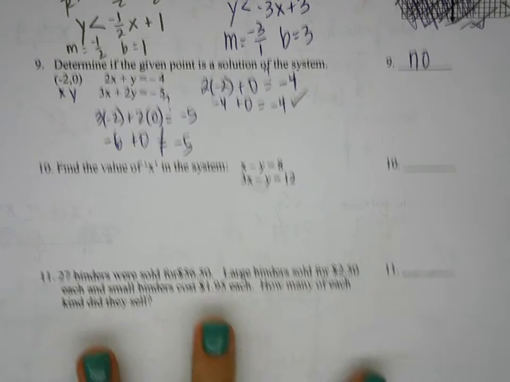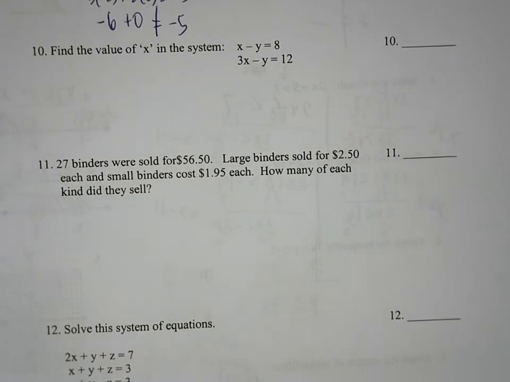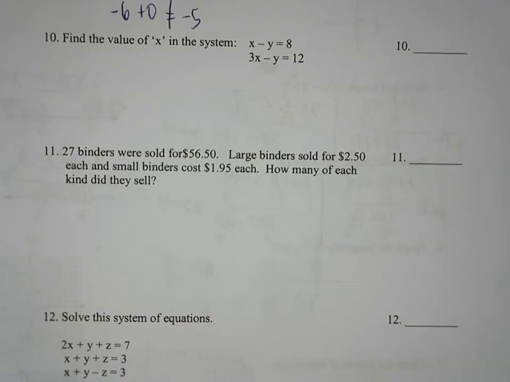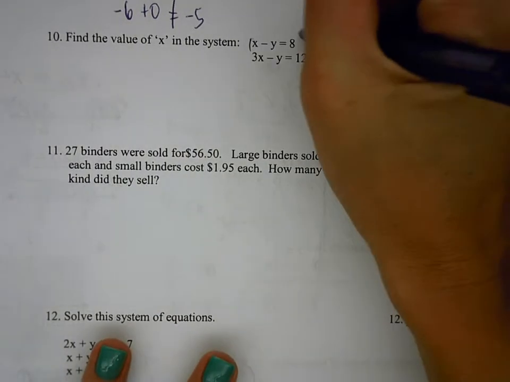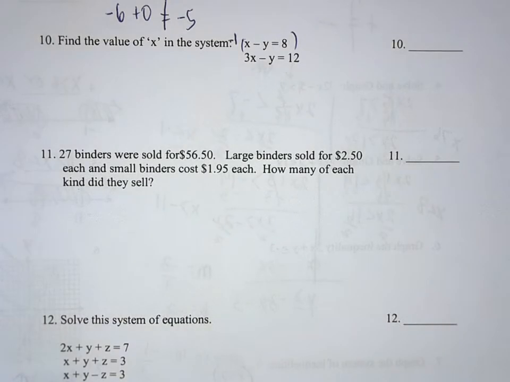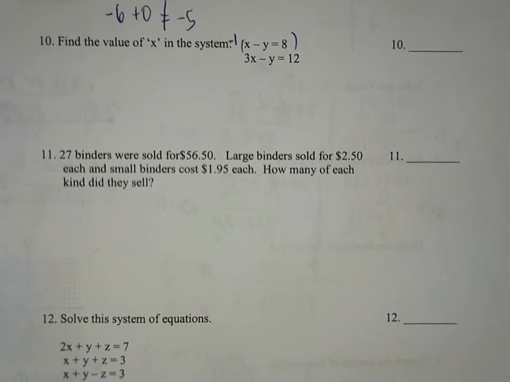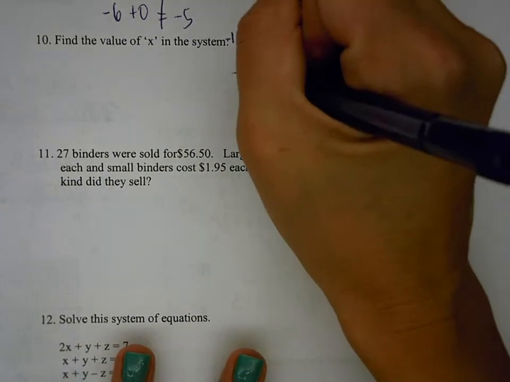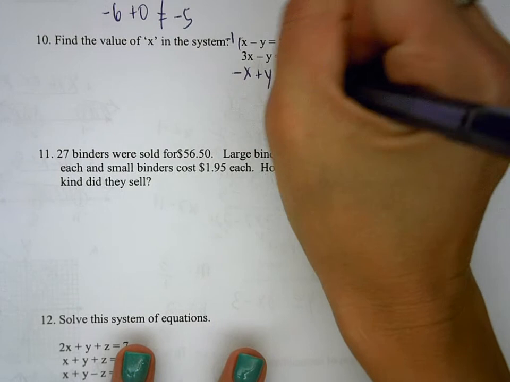Okay. 10 says find the value of x in the system. So if I want to find x, that means I want to get rid of what? The y's. What would be the easiest thing to do? Multiply by a negative in order to make y positive, right? So if we multiply through by a negative 1, which really is just changing all of the signs, we get negative x plus y equals negative 8.